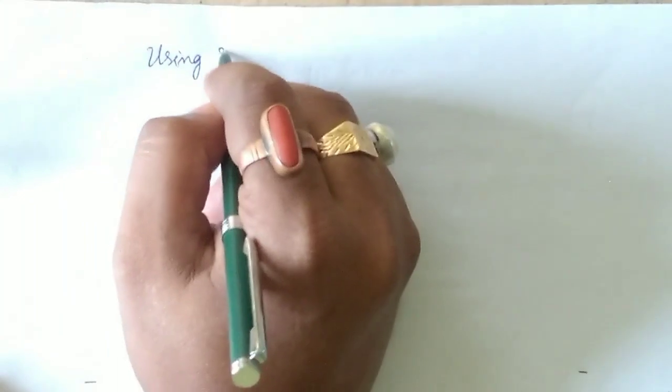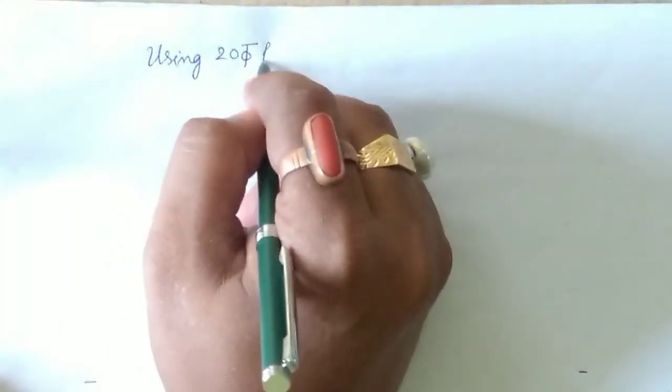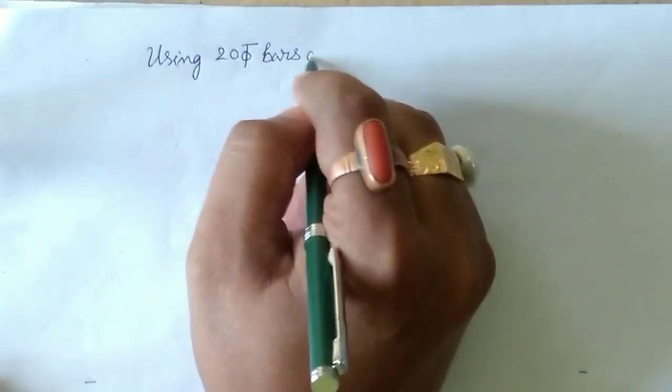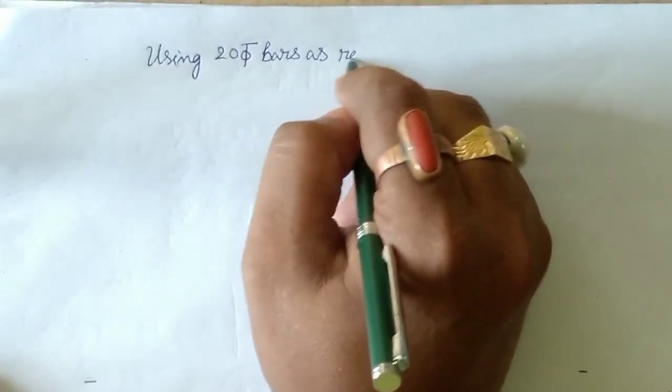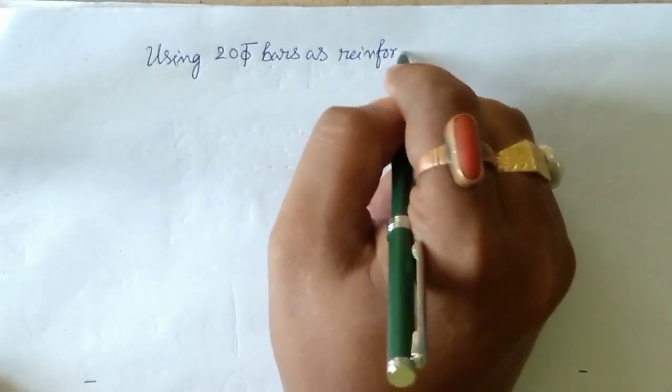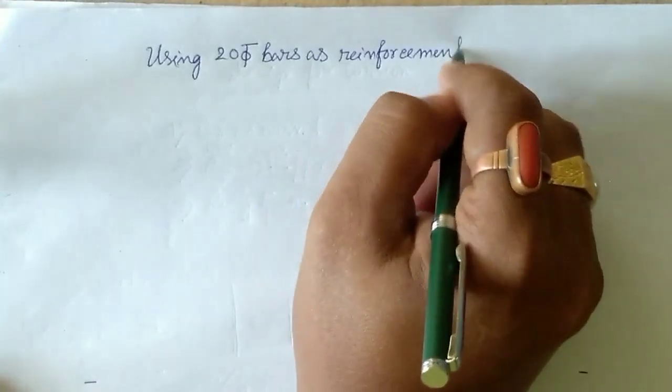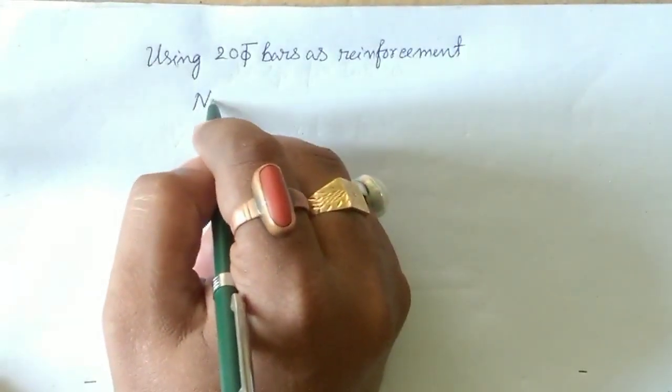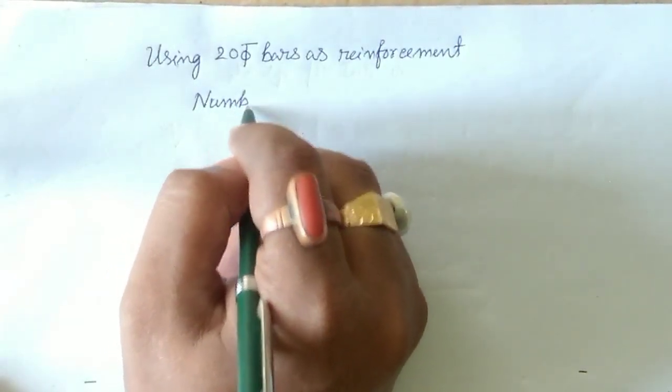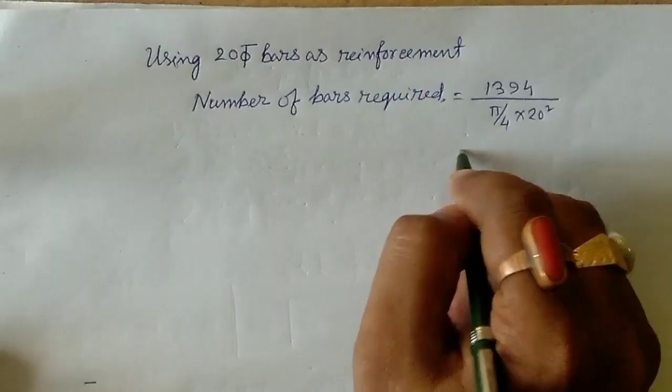Using 20 Tor bars as reinforcement, the number of bars required is calculated.